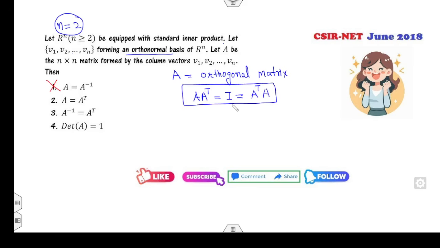A is equal to A inverse, wrong. A is transpose is wrong, which is the same. I can multiply by A. Again, eigenvalues are plus minus 1. So the determinant of the matrix is the product of the eigenvalues, which is minus 1. But it said plus 1. That's a wrong answer. C is the correct option of the problem.